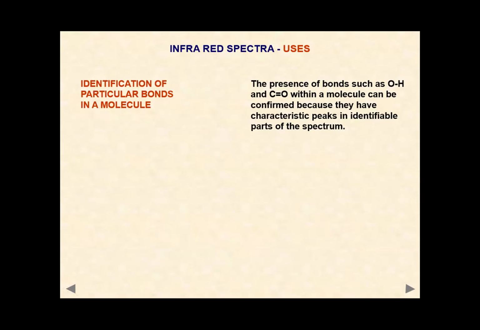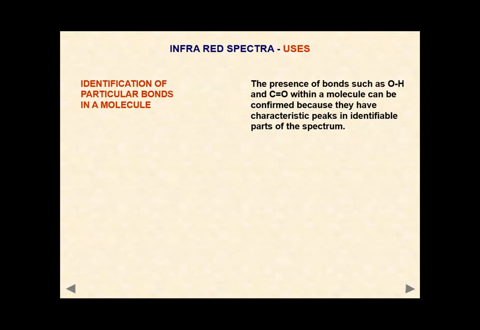What he's trying to tell you is that the presence of bonds like the OH bond and the C double bond O, as the atoms connected through a covalent bond, are different. In OH, the covalent bond is formed between oxygen and hydrogen, which have different atomic masses. In C double bond O, the covalent bond is between carbon and oxygen. The first, OH, is a single bond, and C double bond O is a double bond.